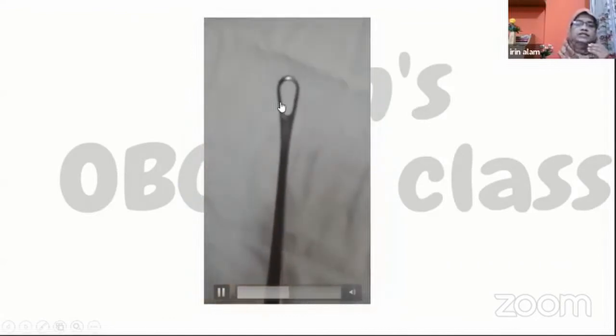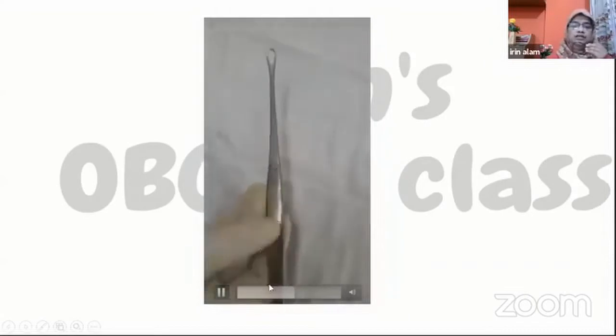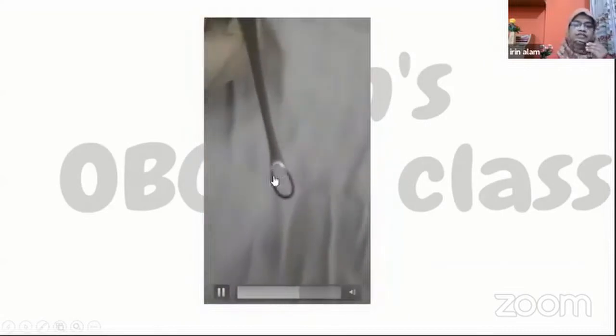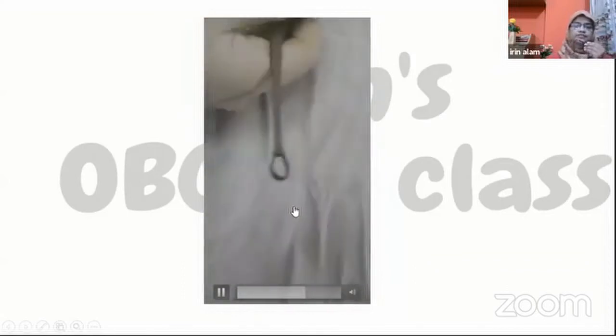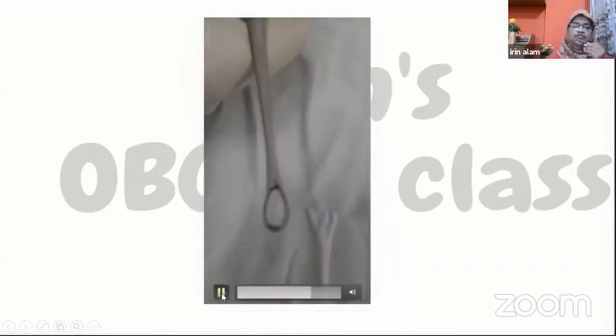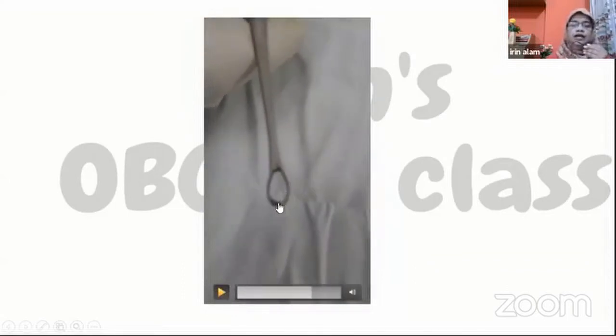This is the blunt end and this is the sharp end. The sharp end is usually used for curettage. Curettes may be of different sizes; this end may be small and narrow, or wide, bigger than this.